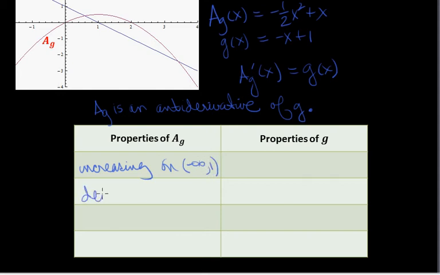It is decreasing on the interval 1 to infinity. Over the interval from x equals 1 on, the graph is falling as you move from left to right. The top point there at x equals 1, we could say that a sub g has a max at x equals 1, a stationary point that is a maximum.